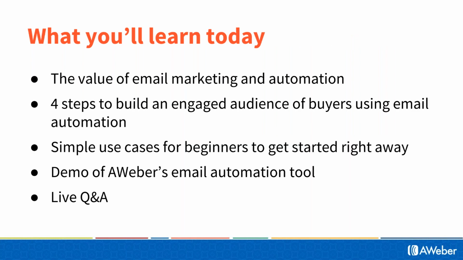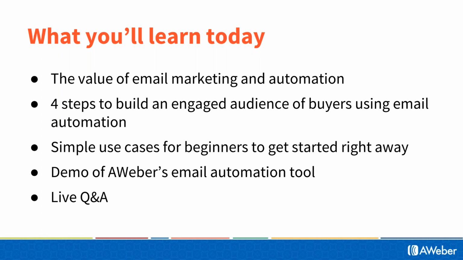So what are we going to learn today? We're going to first cover the value of email marketing, make sure we have a really good understanding of what it can do and what benefit it can provide for your businesses. Then we're going to walk through 4 steps to building an engaged audience of buyers using email automation.